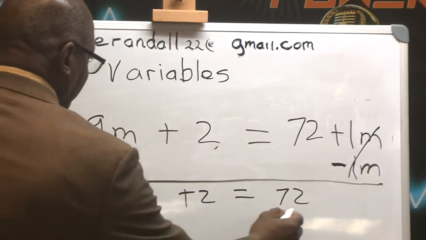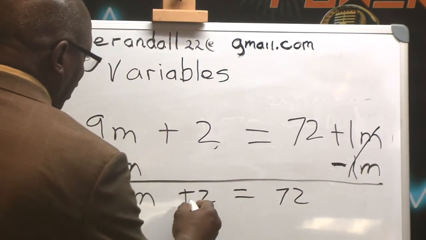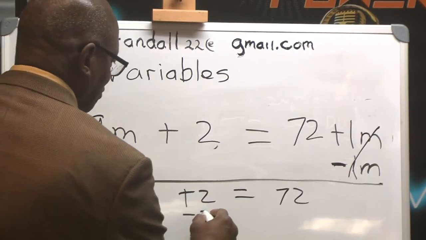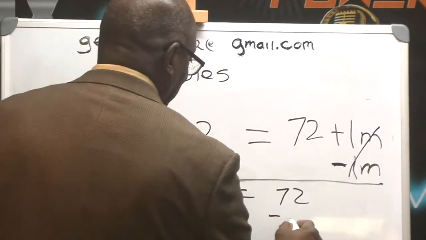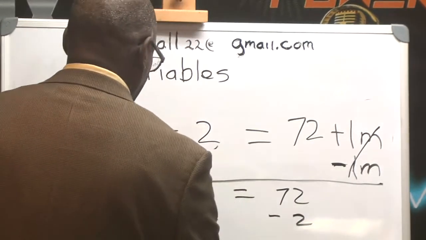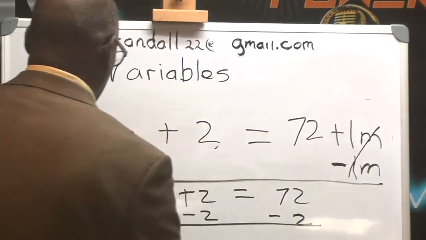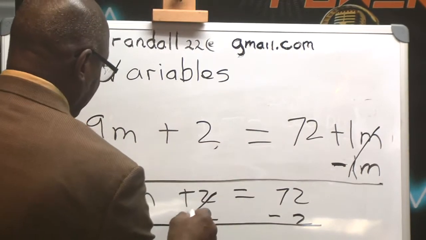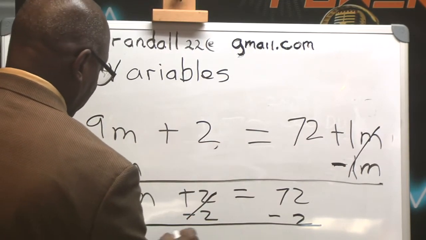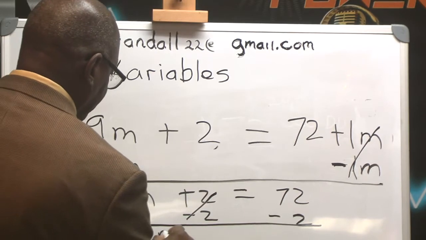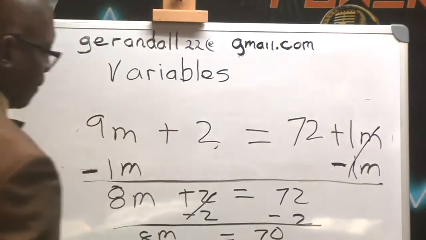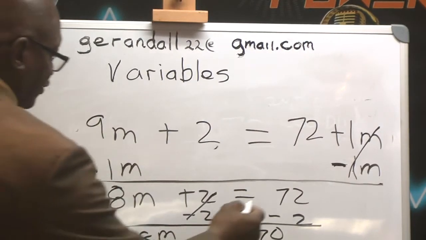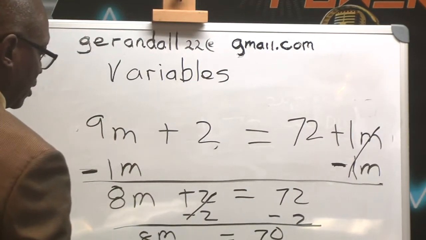Got to get this over there. How do you undo addition? Subtract 2. Whatever you do to one side, must do to the other. And this goes away because plus 2 minus 2 is 0. You're left with 8m equals 70, because 72 minus 2 is 70.